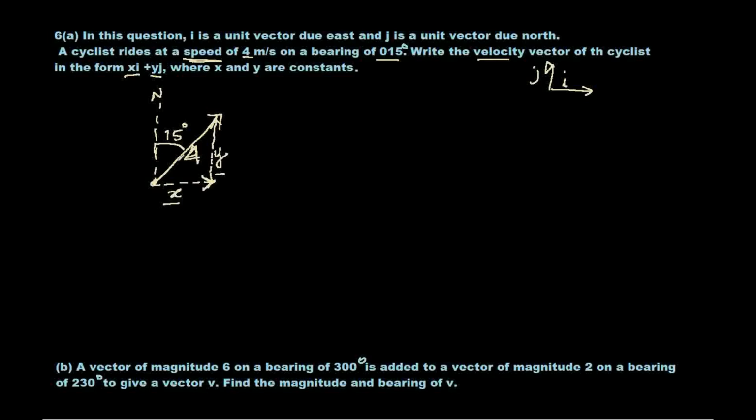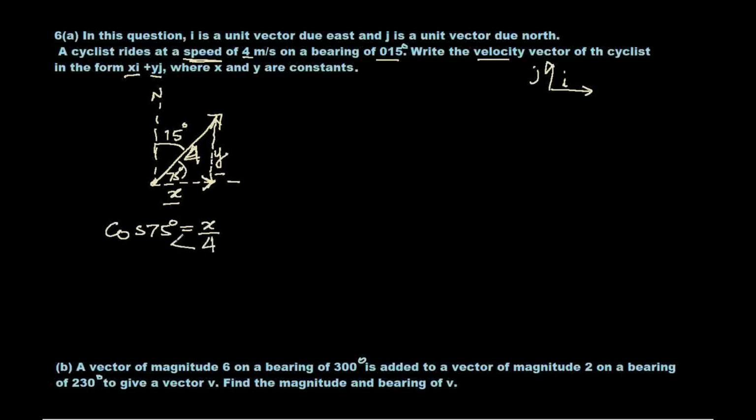So this is 15 degrees, so this will be 75 degrees, because we know that this direction and that direction make an angle of 90 degrees, right? So let's find x first. x is the adjacent side of 75 degrees, so cos will be used. Cos 75 degrees equals x divided by the hypotenuse, which is 4.